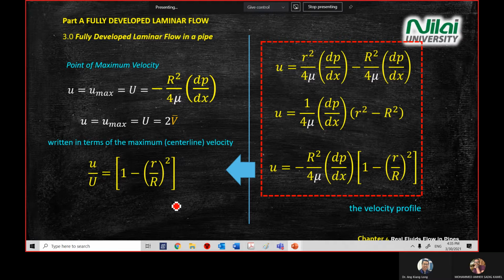Okay, clear? Yes. All right. So in this ratio, you can find that this is actually a parabolic profile.